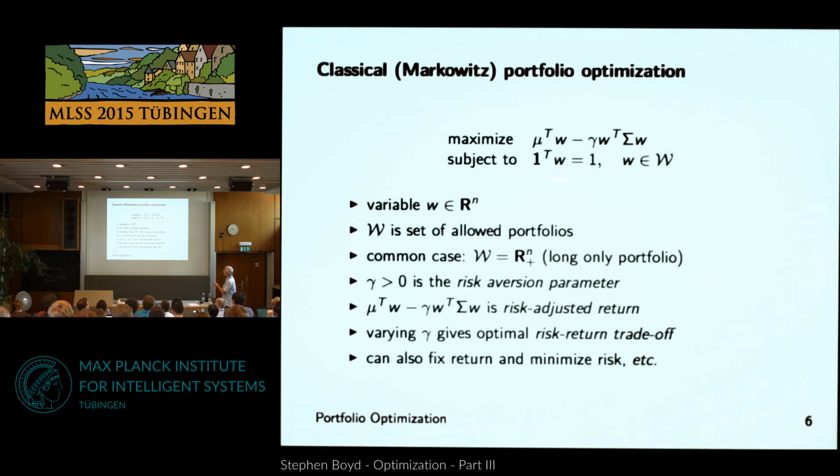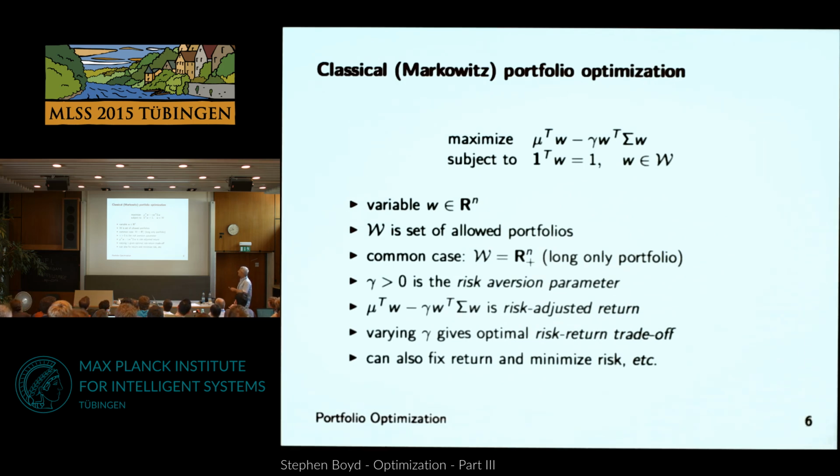You have this constraint, of course, and then you have an additional constraint where this says that the portfolio you select, the allocation, has to satisfy various constraints, and we'll just call that a set script W, okay? So a common case is that every one of these W's has to be non-negative. That's called a long-only portfolio.